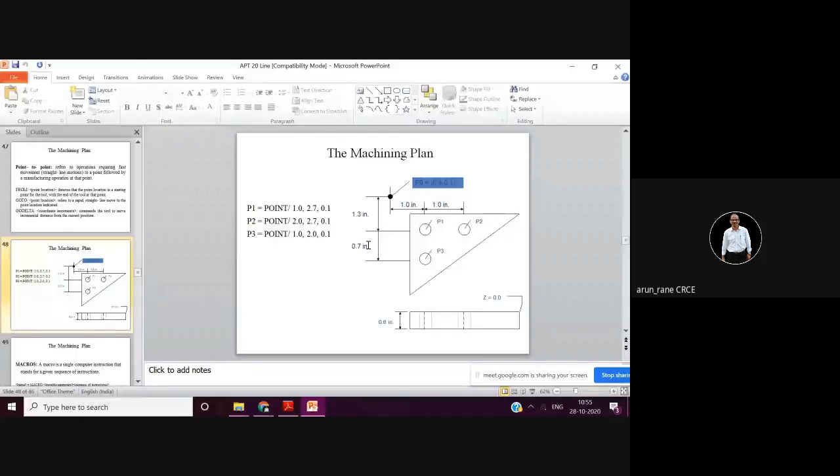Now your P0 is here, at a distance of 0, 4, point 1. Z0 is here. Point 1 means it will be at a distance of point 1 from this face in Z direction, and this point is at a distance of 0 and 4 inch.